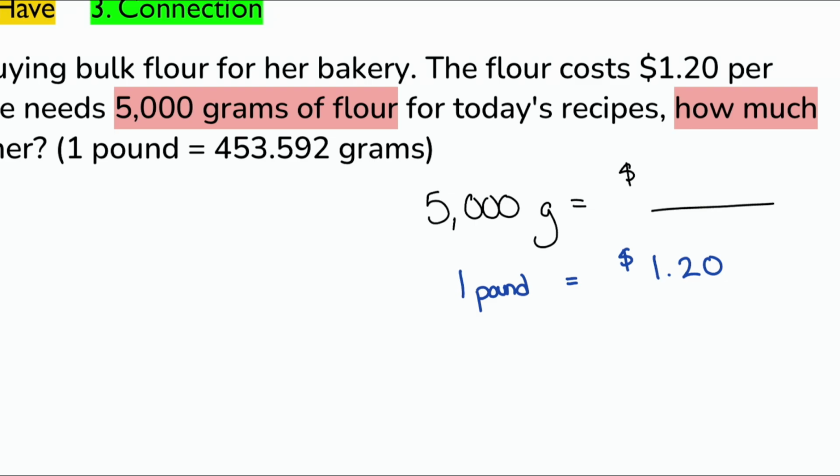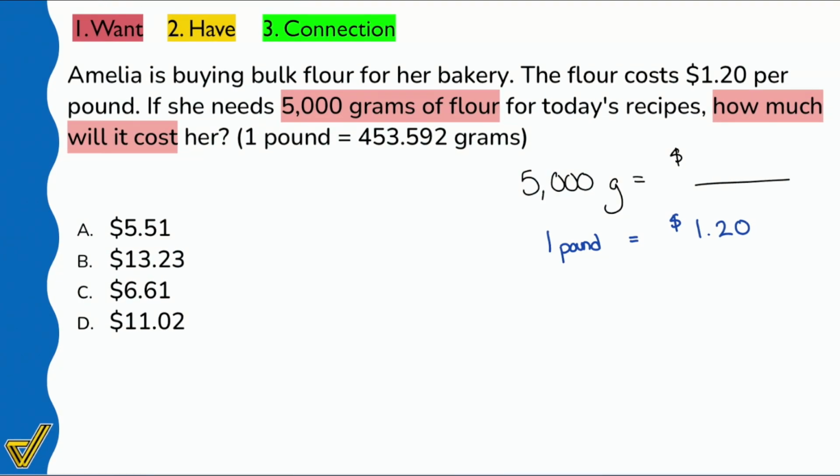We're comparing the weight to the cost, the weight to the cost. For those of you who have been to my classes, my party people, you know what I'm talking about. This is a proportion. We are comparing the same things in the same way. The weight to the cost, the weight to the cost. So we can absolutely set up a proportion here, but we have to adhere to one little thing.